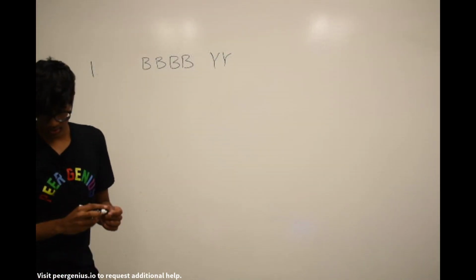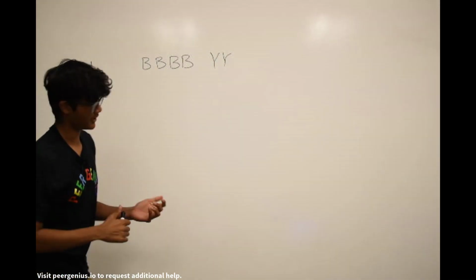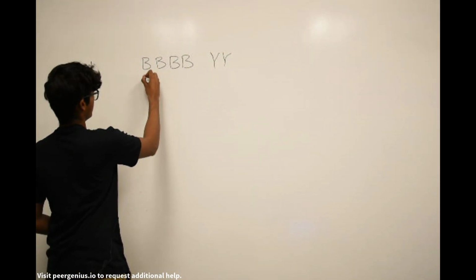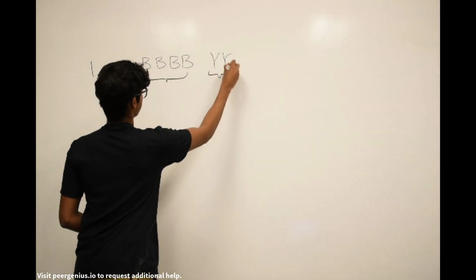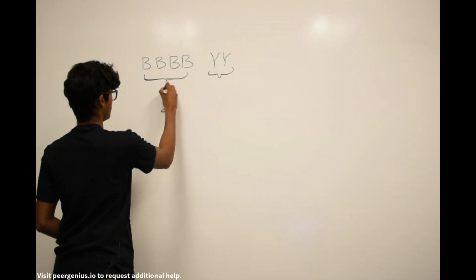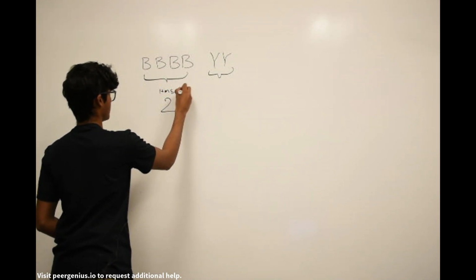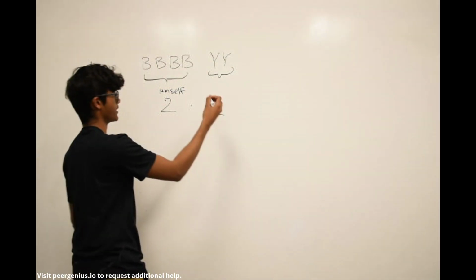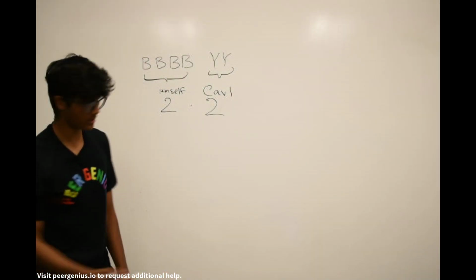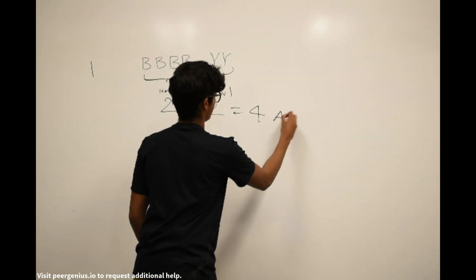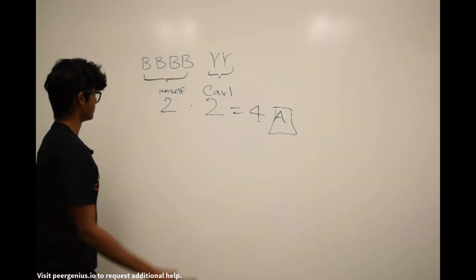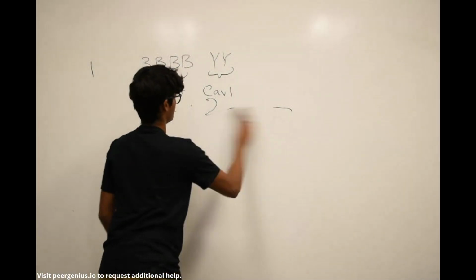For himself, he can choose either a blue hat or a yellow hat since they're all identical, so he has 2 choices for himself. He also has 2 choices for his friend Carl. So 2 times 2 is 4, and the answer should be A. Hopefully everyone's okay with that.